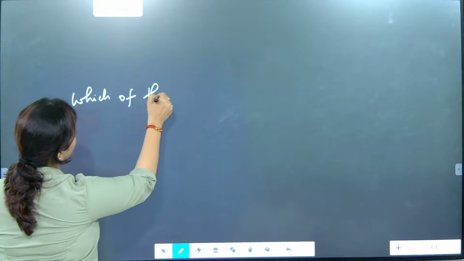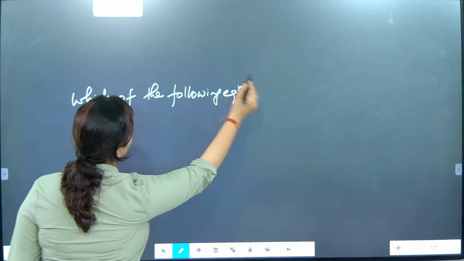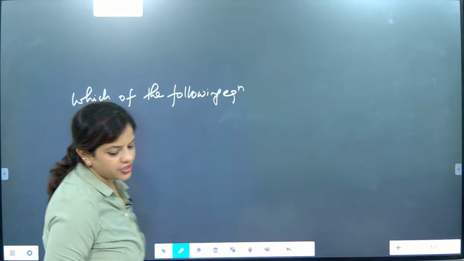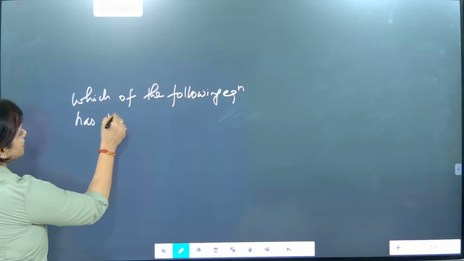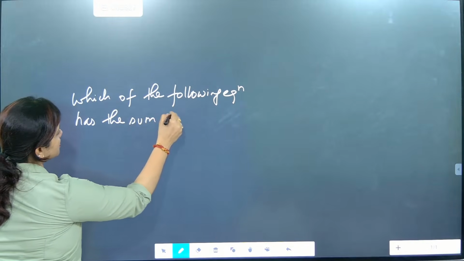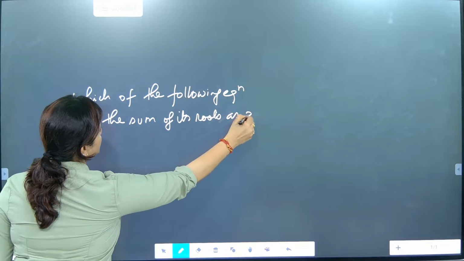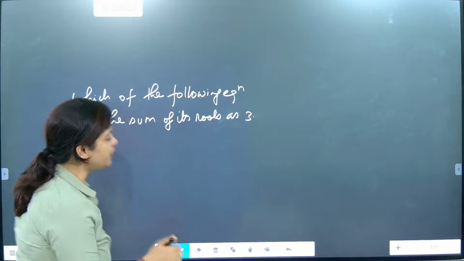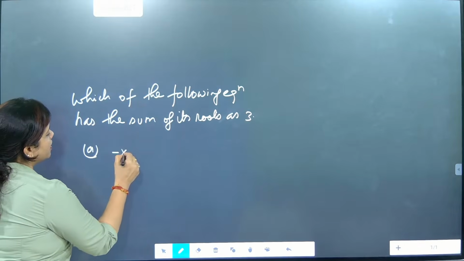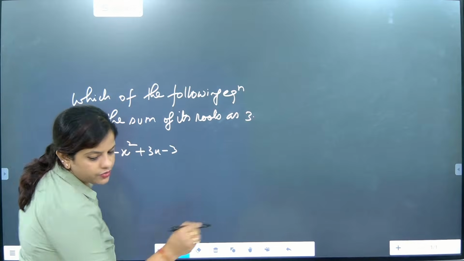Which of the following equations has the sum of its roots as 3? Options will be given to you. Minus x square plus 3x minus 3 equal to 0.